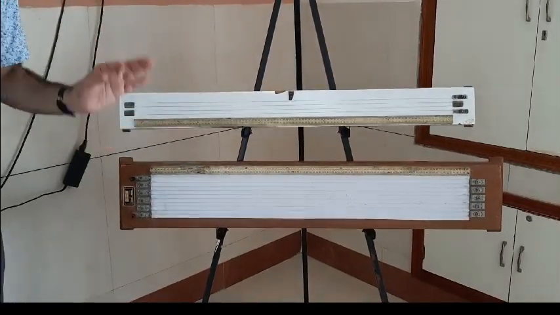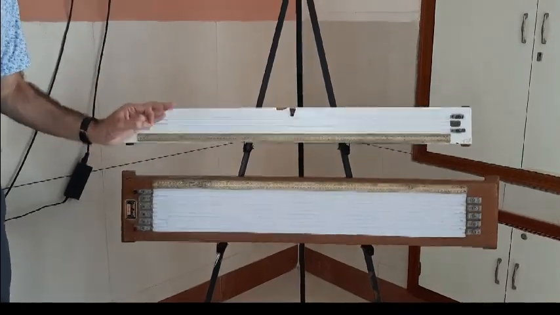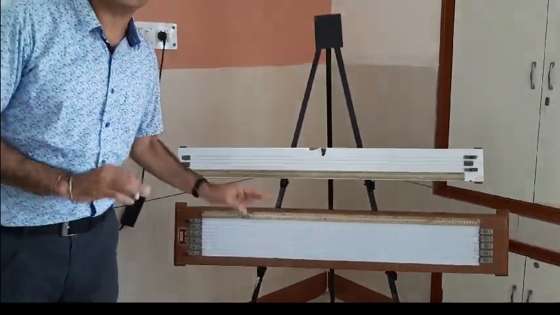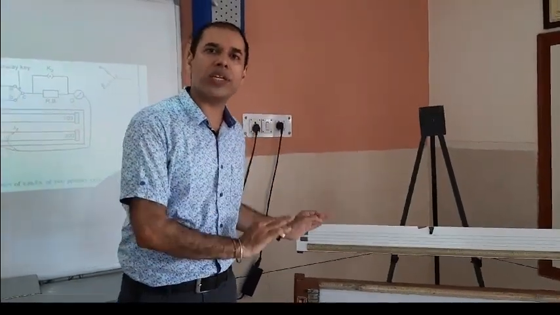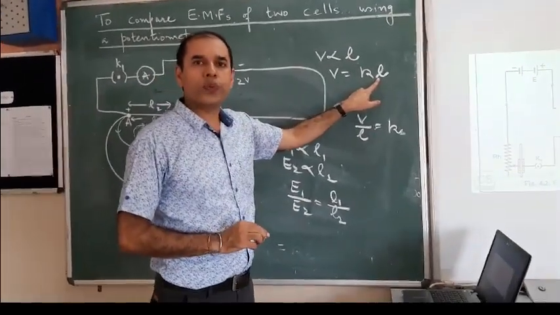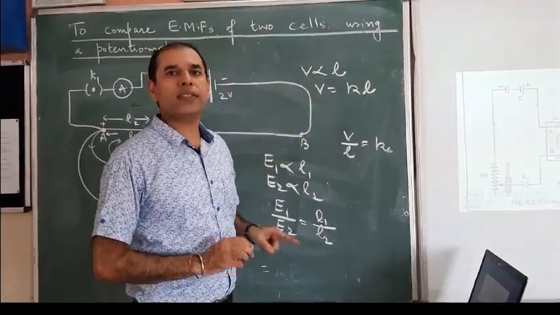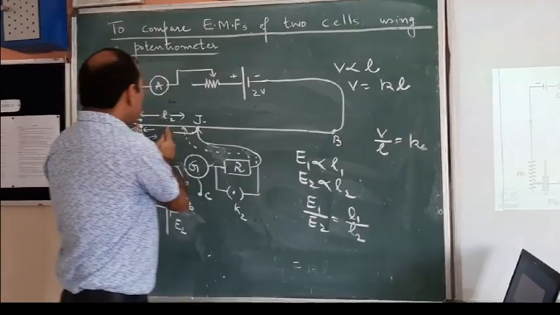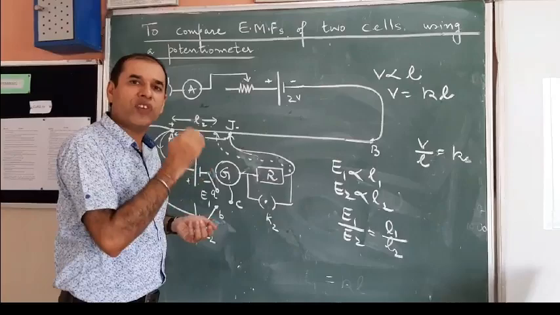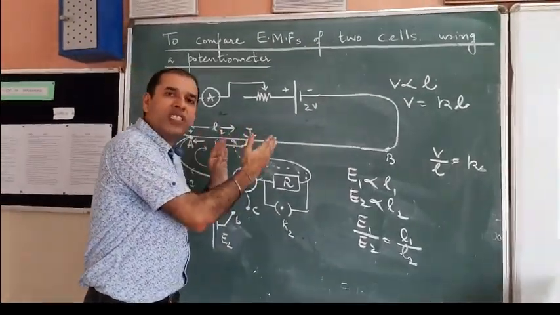In that case, if the quality of the wire is the same, we will see that the potentiometer which has the greater length of the wire will be a better potentiometer. Why is it so? Because if the length is more, K will be small. If K is small, then for every inch or every centimeter of the potentiometer wire, the potential difference will change gradually.